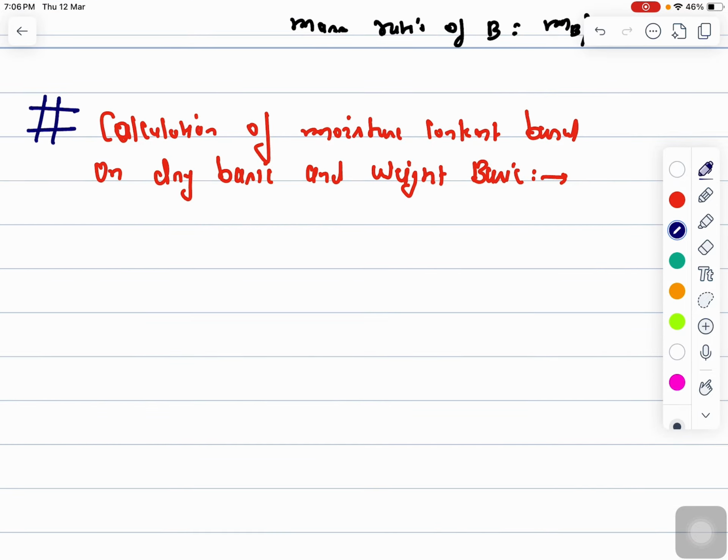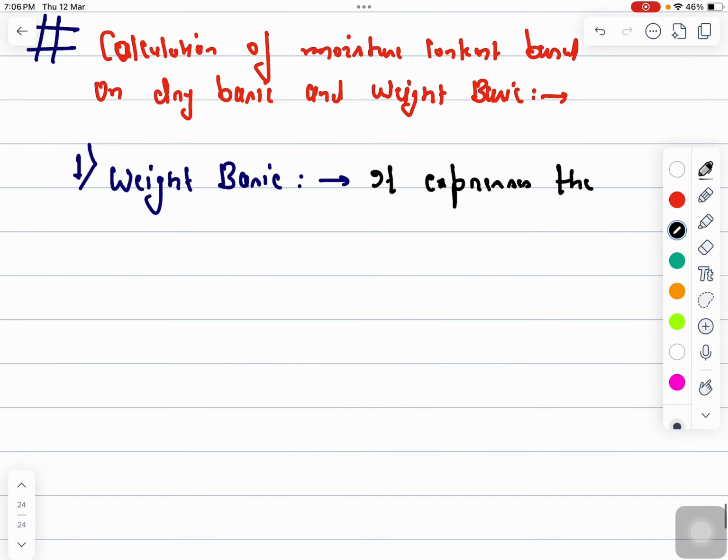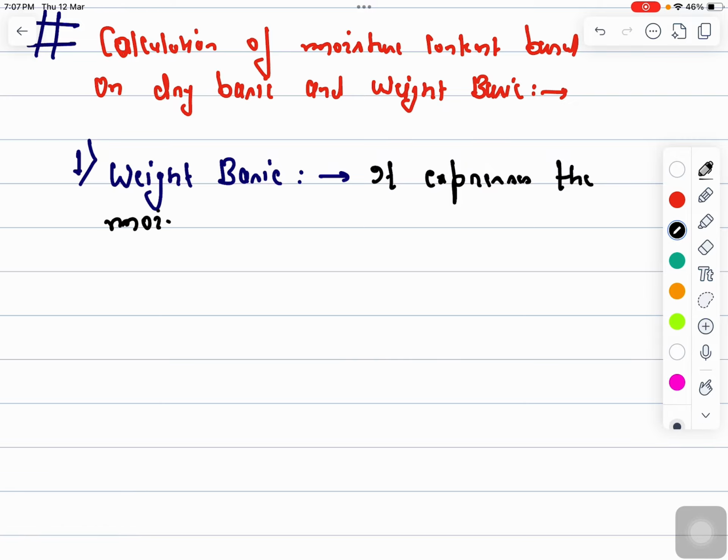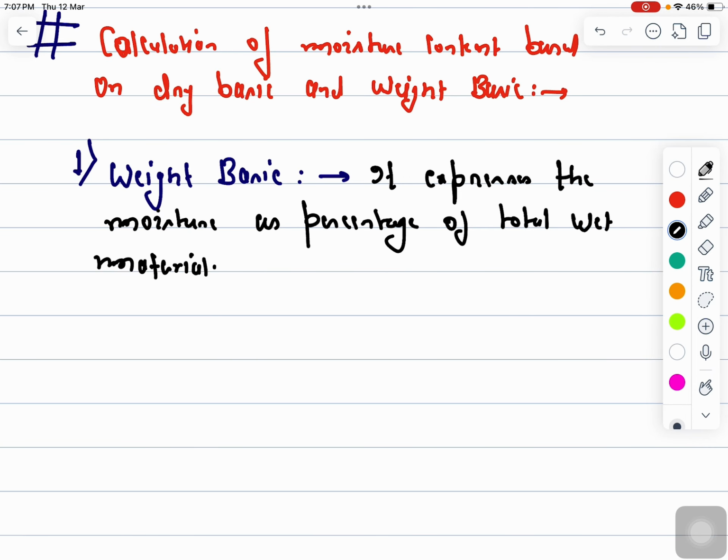So first I'll talk about weight basis, right? So in weight basis, basically it expresses the moisture as a percentage of the total weight of the material, right?